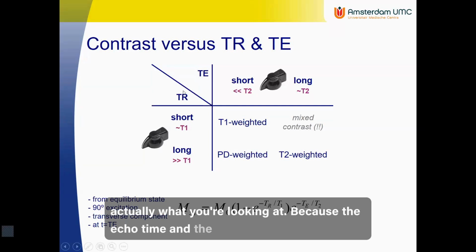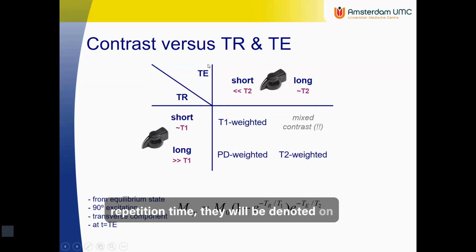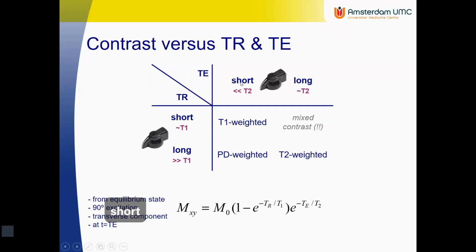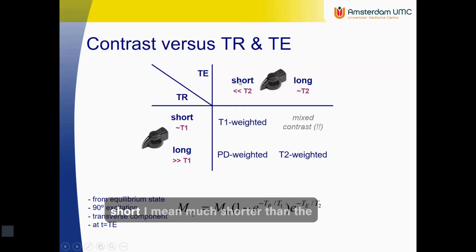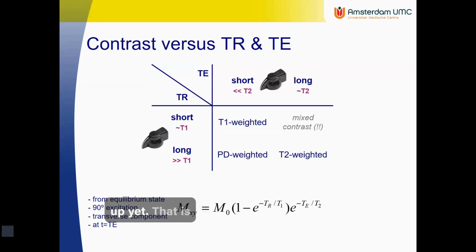Because the echo time and the repetition time will be denoted on the screen alongside the images, as annotation. So it says here, if I have a very short echo time, by short I mean much shorter than the T2 relaxation constant of the tissue, meaning we're really up front at the beginning of the curve, where the signals don't split up yet, that is a short echo time.